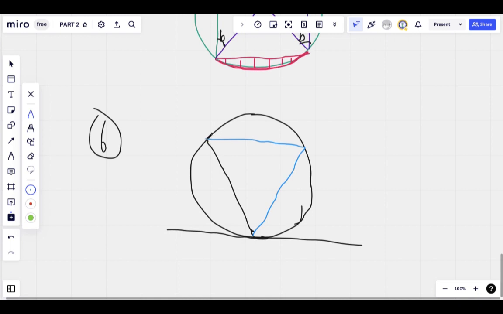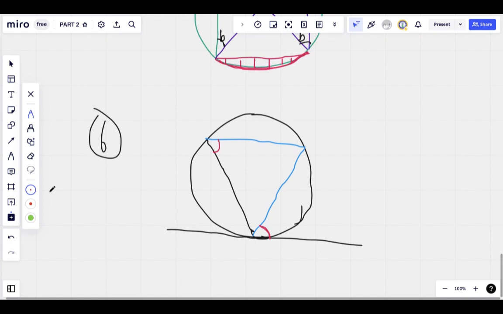What this rule is saying, the ones that are the same, I will use the same color to illustrate it. This exterior angle on the right, between the tangent and this triangle, will be the same as this interior angle on the far left.